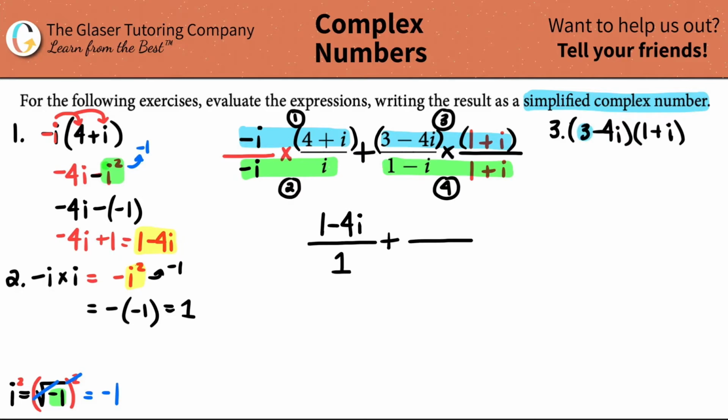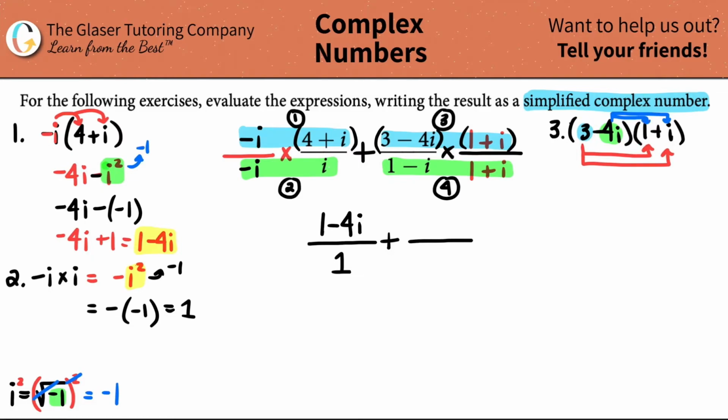I have a 3, and I want to multiply it by the 1, but I need to multiply it by the i as well. I have to be fair. But then, you have to multiply those two terms by the -4i, so I need to distribute that as well. So there are going to be 4 multiplication steps that you have to do. So let's try it out.